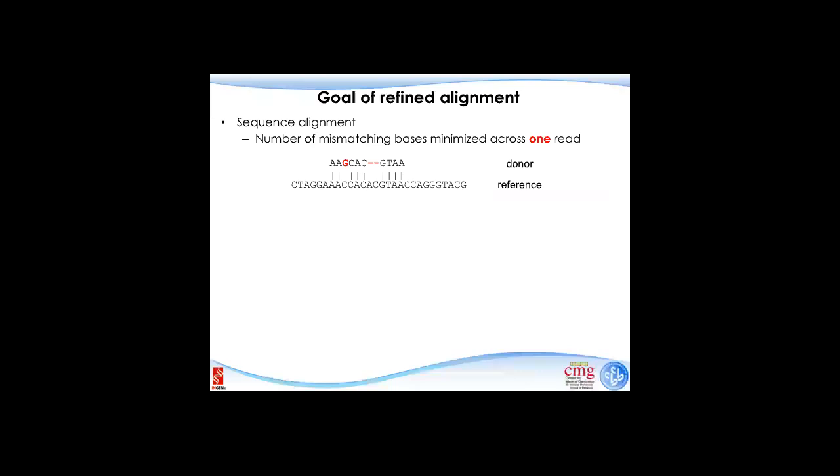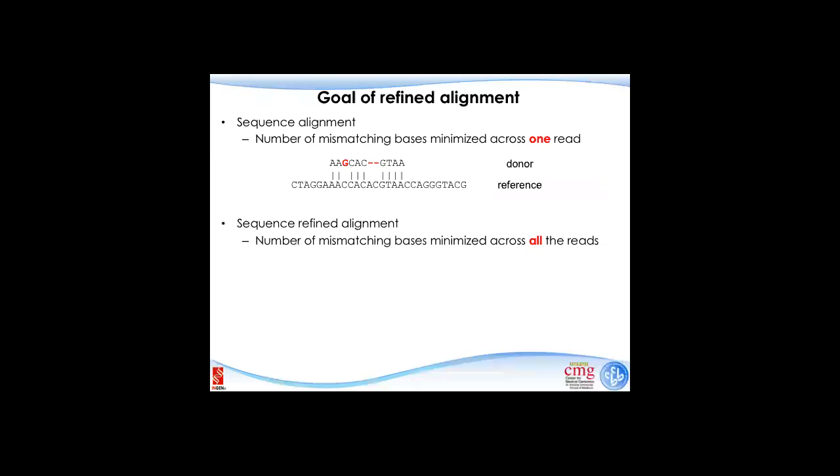So whether it is dynamic programming or whatever you use, for the refined alignment there's a difference. This may occur in an exam where you need to answer this type of question: for the refined alignment, the number of mismatched bases will be minimized across all the sequencing reads.